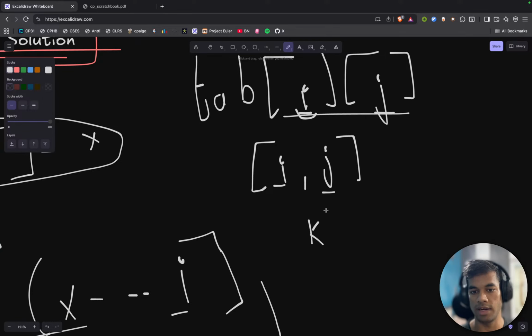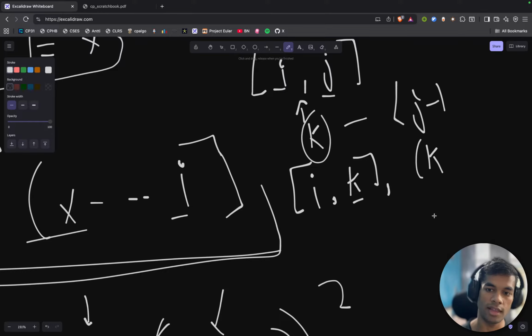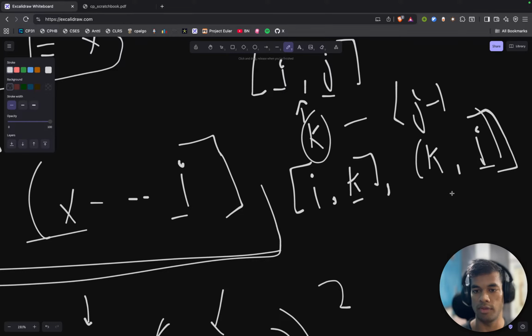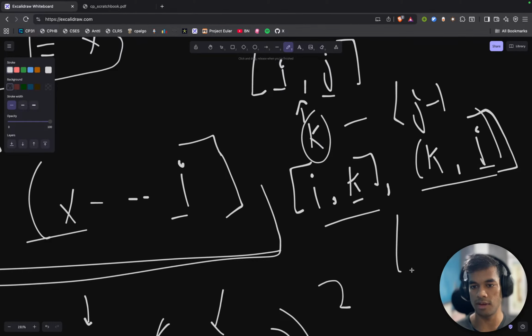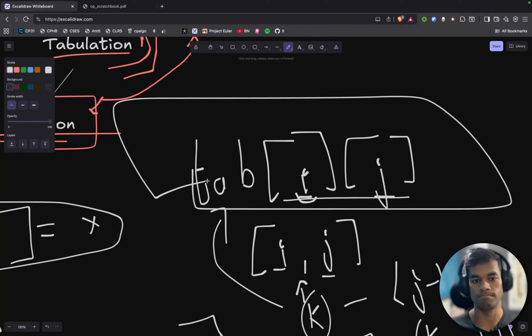So we will do our same routine. We will have some iterator, let's say k. We will go from i till j minus 1. At each iteration, our range would be i till k, where k is included in the left part, but in the right part we do not have it included. j is included in the right part, of course, because it is on the right. Then we will multiply whatever we get from these two matrices, and that would be our answer, and we will compare it with the current value of tab.